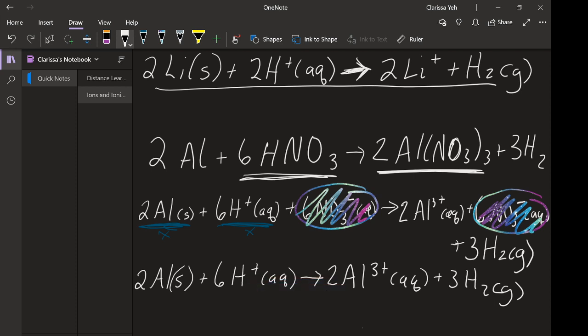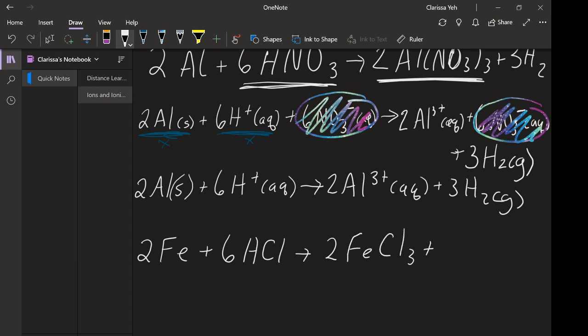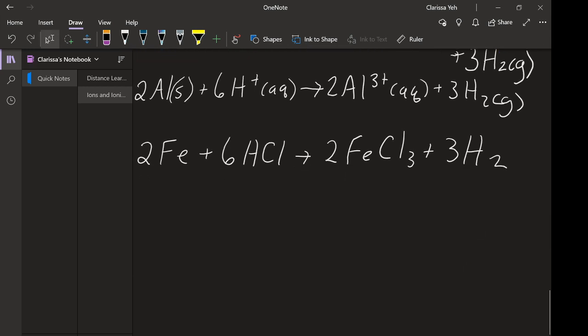Next one, the Fe. My compounds, iron isn't a compound, Fe is just the element itself.